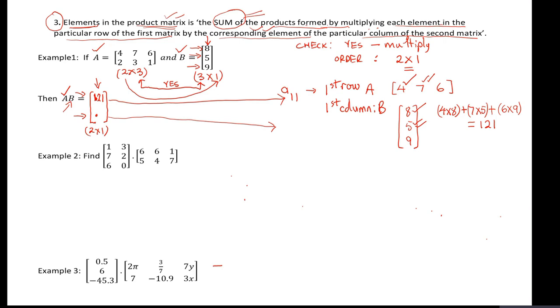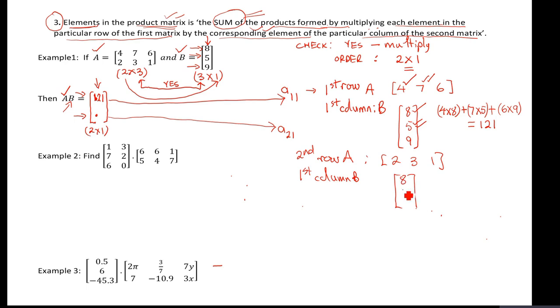Well, in the second one, that is the entry in the second row, first column, which means I must now take the second row of A and multiply it by the first column of B. So let's do that. What is the second row of A? The second row of A is 2, 3, 1. What is the first column of B?